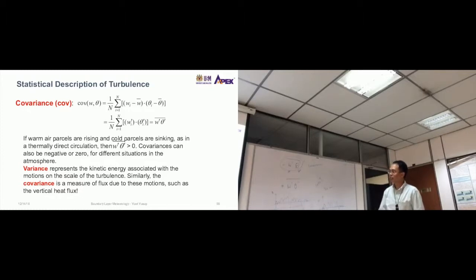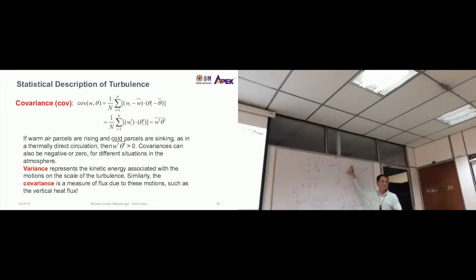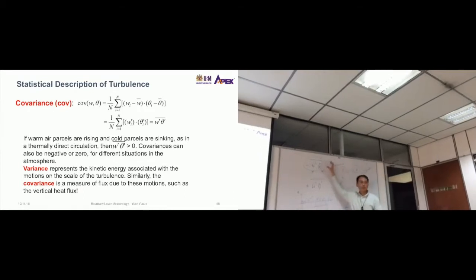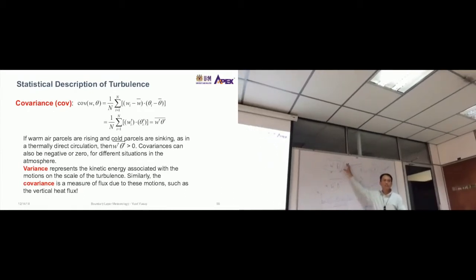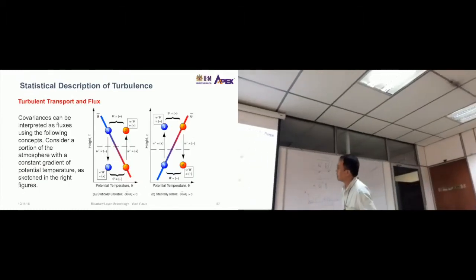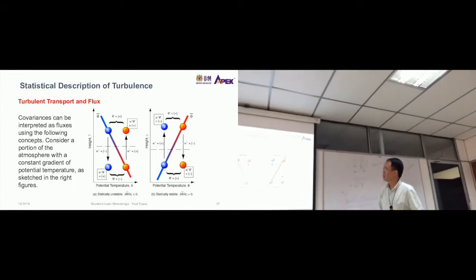Similarly, the covariance is a measure of flux due to this motion, such as the vertical heat flux. And this is transport of moisture, transport of heat, transport of pollution in the atmosphere that we talked about in the previous slide. So here, it's about the same thing as what we discussed just now.